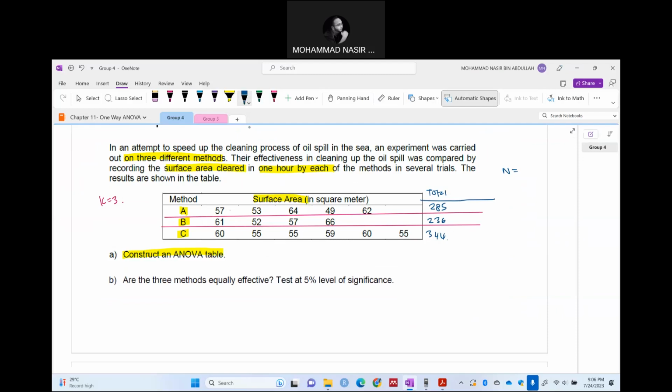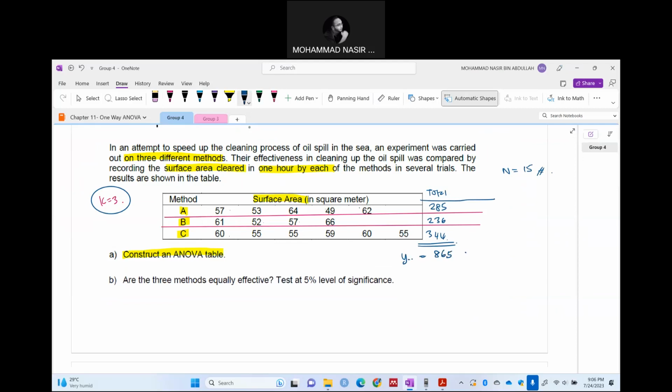We have 1, 2, 3, 4, 5, 6, 7, 8, 9, 10, 11, 12, 13, 14, 15. So we have 15 observations and 3 treatments. So first step, we need to find the grand total, which is the summation of this, which we call y dot dot. So we add everything. This should be 865.